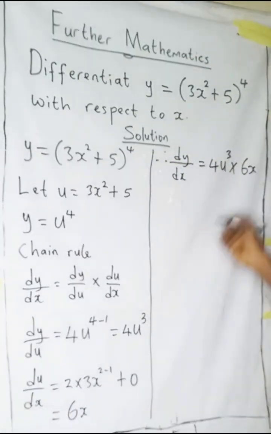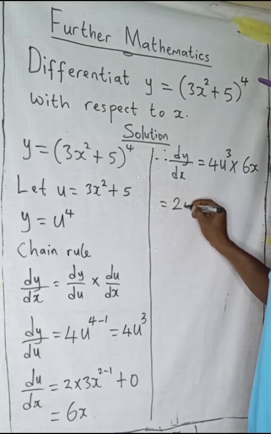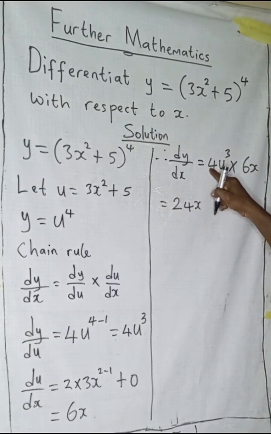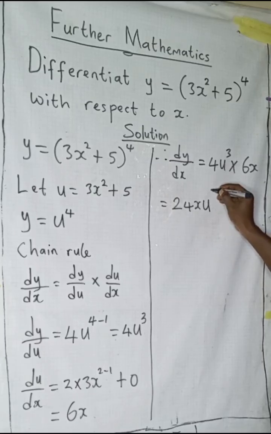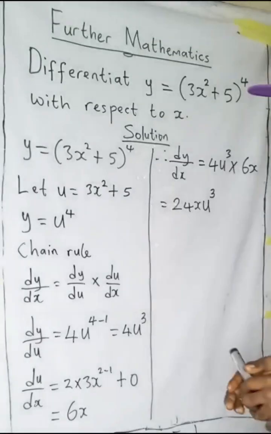So we're almost done. If you multiply 4 times 6x, you get 24x, then we'll have u to the power 3.